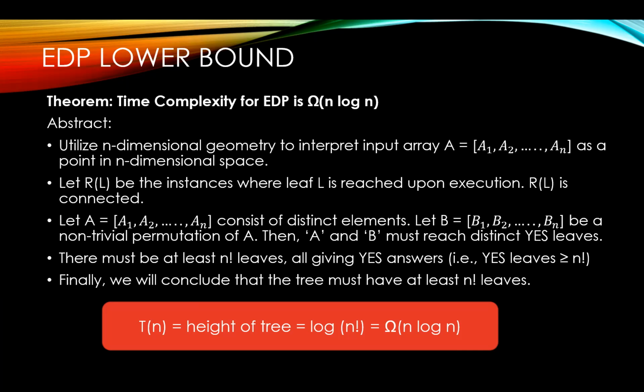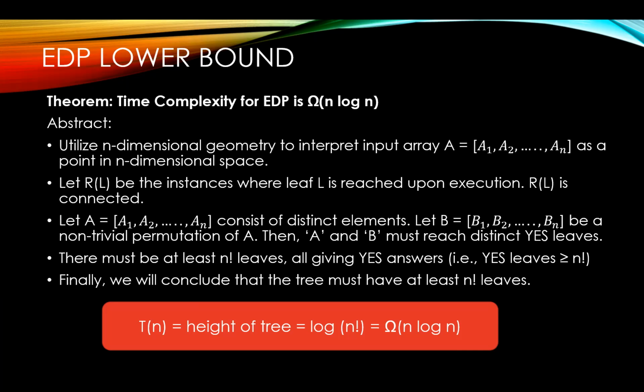We'll assume that our input array A consists of n distinct elements. Then we take an array B, a non-trivial permutation of A, and we are going to show that A and B must reach distinct yes leaves. Then we are going to show that there must be at least n factorial leaves, all giving yes answers. That is, the number of yes leaves is greater than or equal to n factorial.